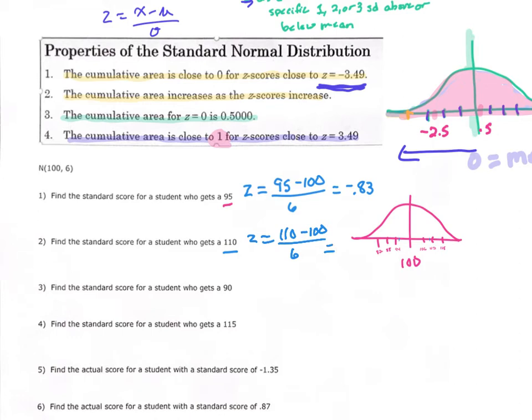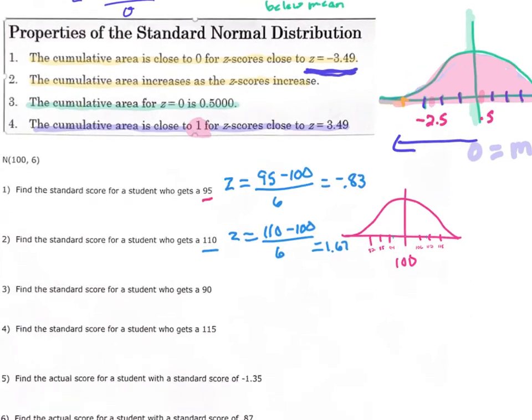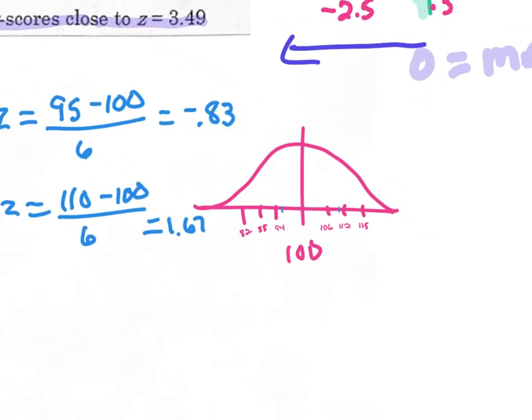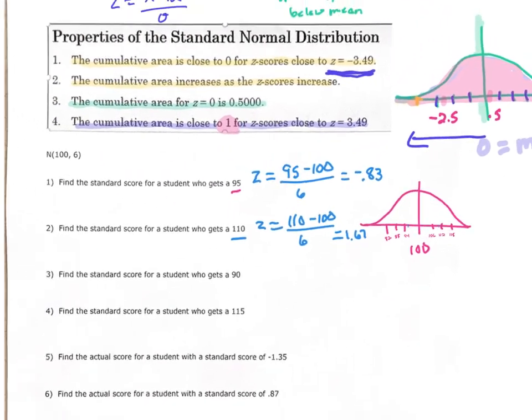And for this, we get that we are 1.67 standard deviations above the mean. I'm going to show you how we use the table here in just a minute also. But in the meantime, just think about what this is saying. We are 1 2/3 of a standard deviation above the mean in that example.